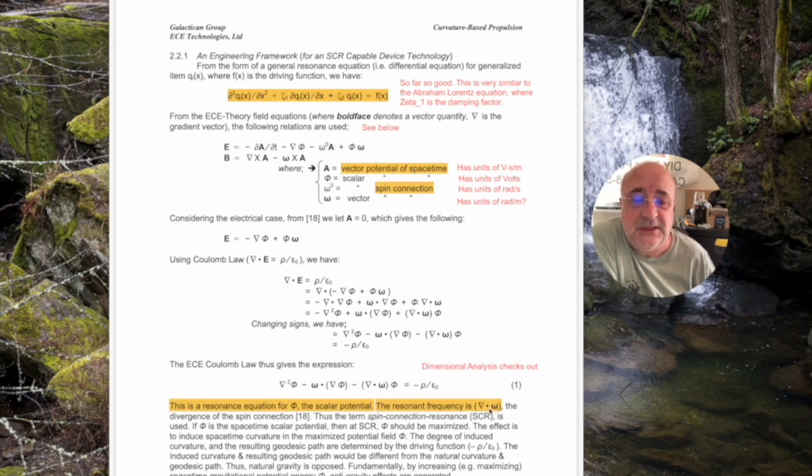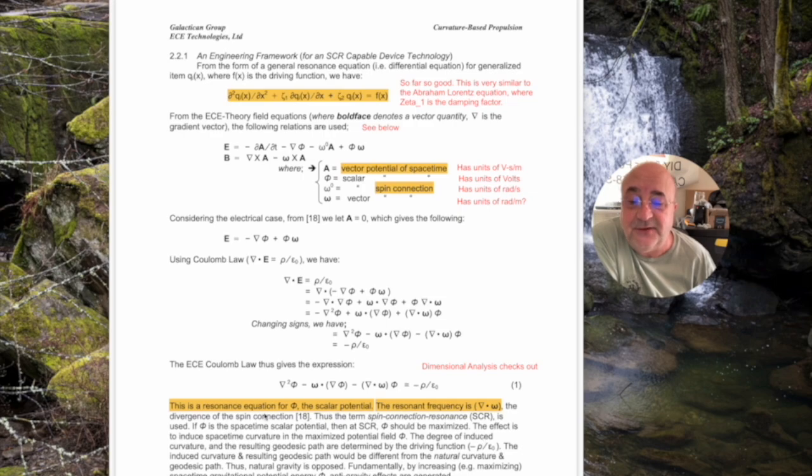And here he's using the divergence of a vector that has units of radians per meter, which means this has units of curvature, 1 over meter squared, not frequency. So I don't know why he calls it a frequency. You don't usually get a frequency from a divergence equation either. So it doesn't make a lot of sense.